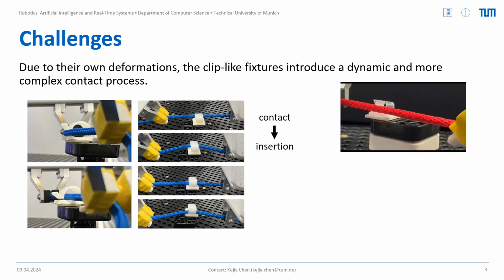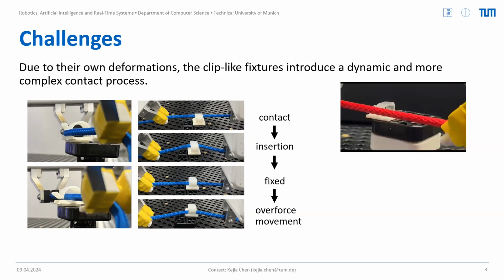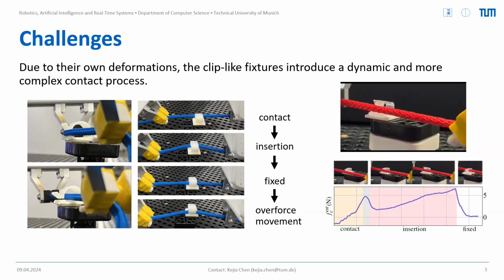Subsequently, as the DLO is pushed inward, the clip opens to let the object in. Once the object is inside the clip, the contact is lost unless the object moves further and collides with the rear part of the clip. In this clip fixing process, the contact force undergoes multiple stages of change, which brings challenges for accurate contact estimation.